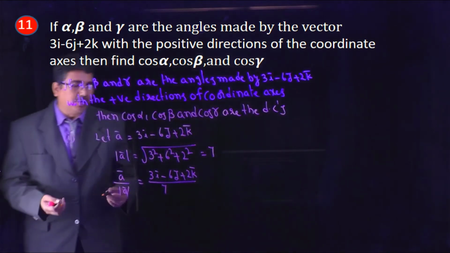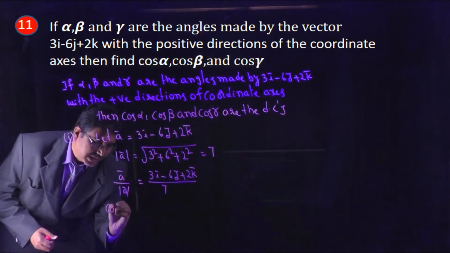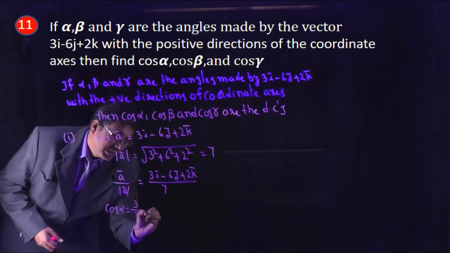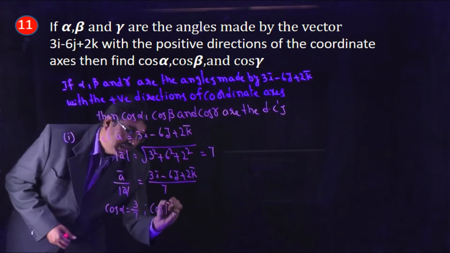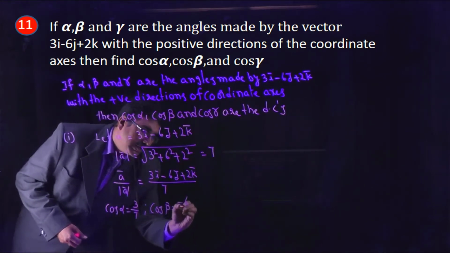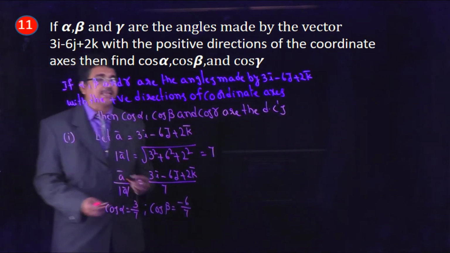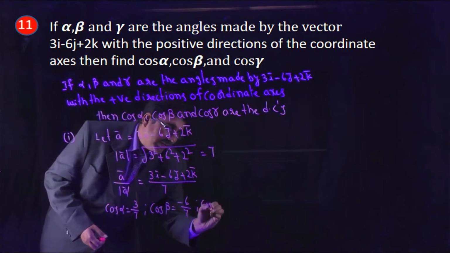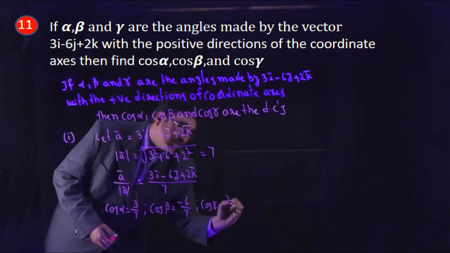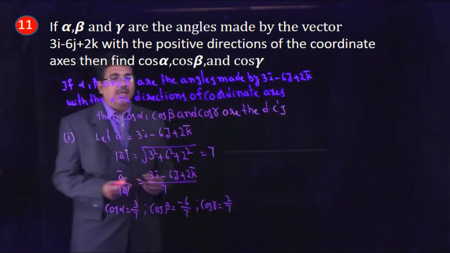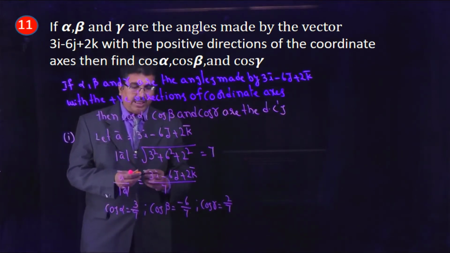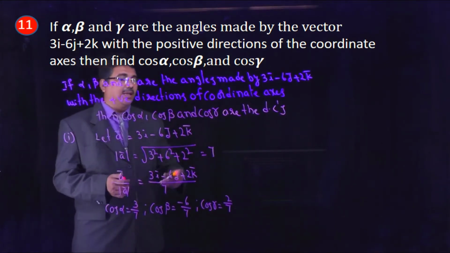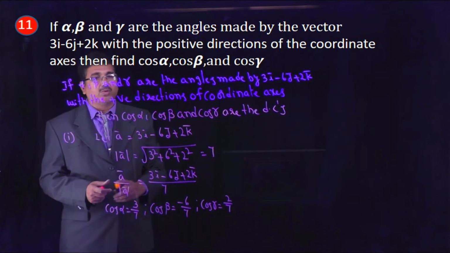So cos alpha is the coefficient of I bar, that is 3 by 7. Cos beta is the coefficient of J bar, that is minus 6 by 7. Cos gamma is the coefficient of K bar, that is 2 by 7.